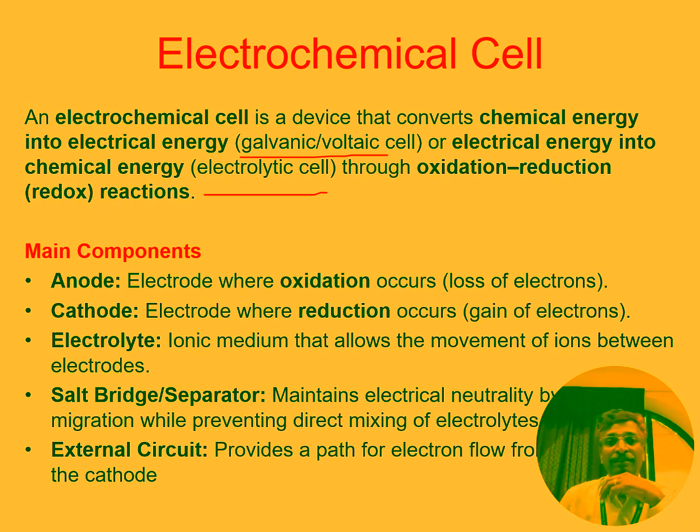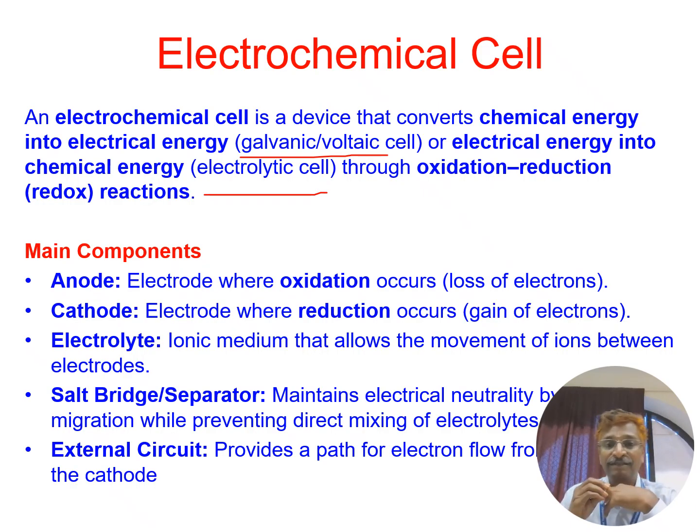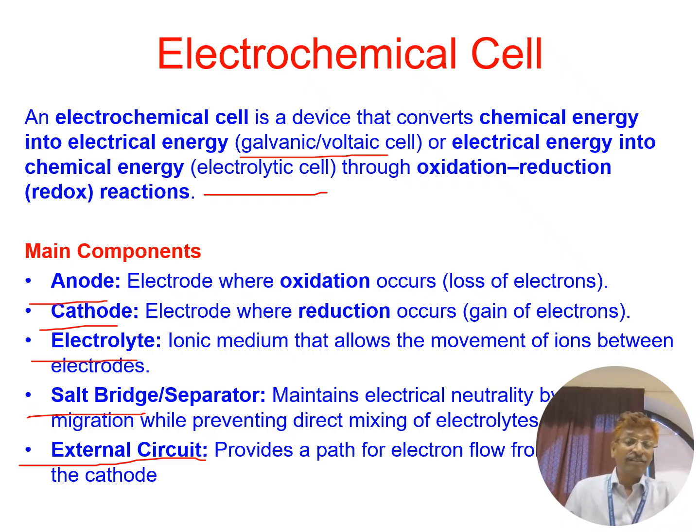These happen through oxidation-reduction reactions. There are various components involved in the electrochemical cell: anode, cathode, electrolyte, salt bridge, and external circuit. Let us see one by one what happens in these components.